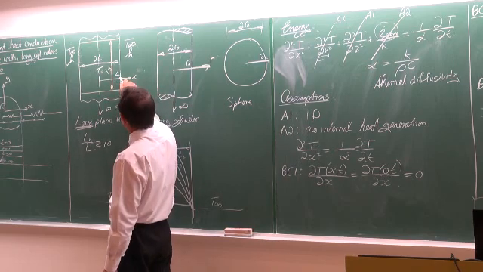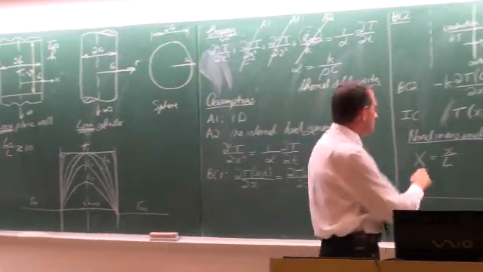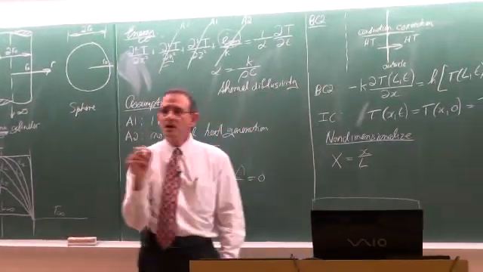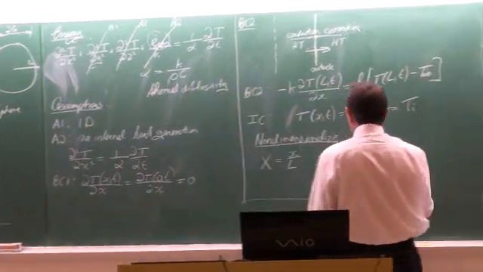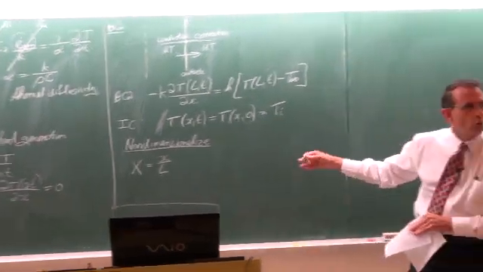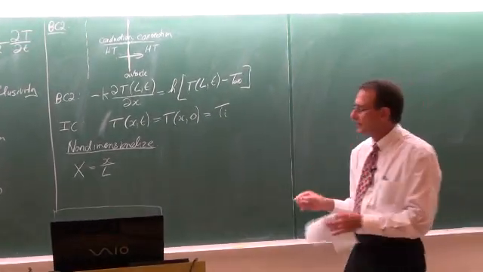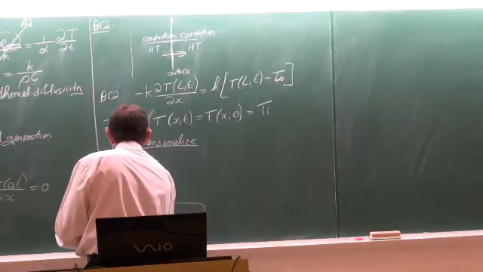At this point here, x is equal to L, which means that X is equal to 1. So X will always be between 0 and 1. It is a dimensionless space variable that we've defined. That is the first thing that we're going to define.